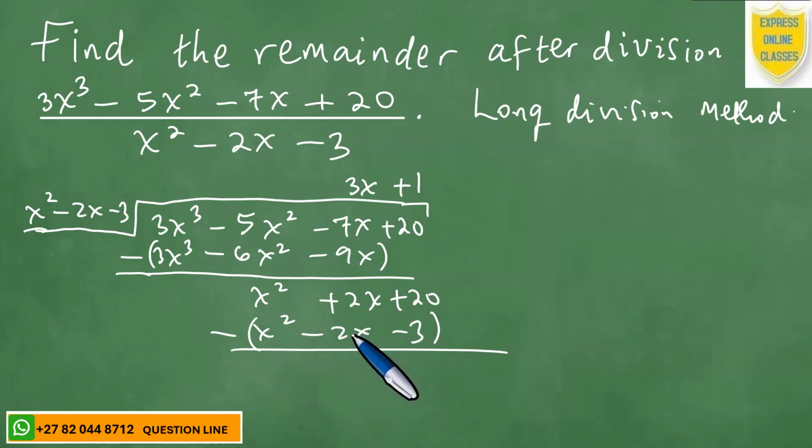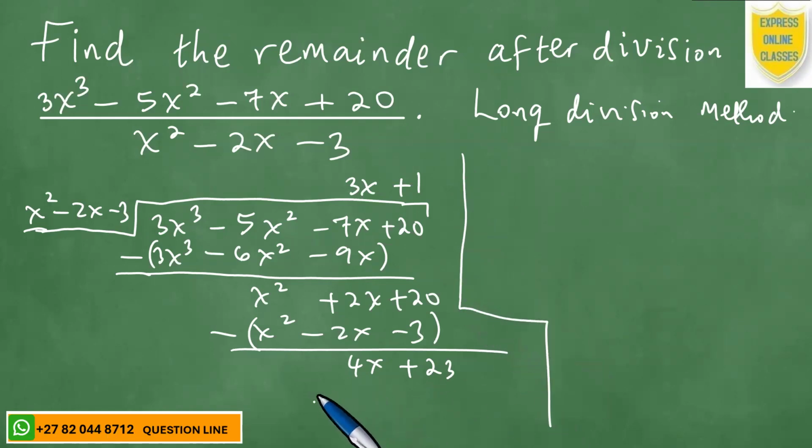And this 2x plus 2x gives us exactly 4x. 20 plus 3 gives us exactly a 23. And this here is the remainder at the bottom. It is the remainder.